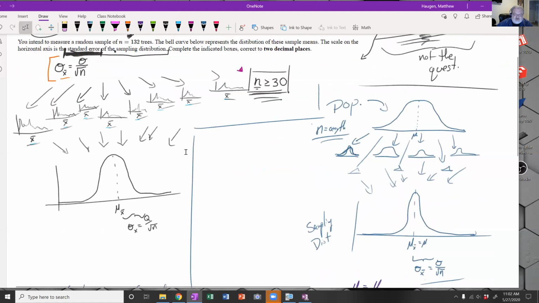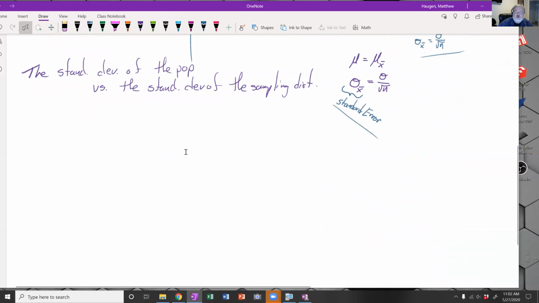It's still a nice normal distribution. So you want to start working on that language. We don't call the standard deviation of a sampling distribution standard deviation anymore. We call it standard error, really just to make the language a little bit more useful.